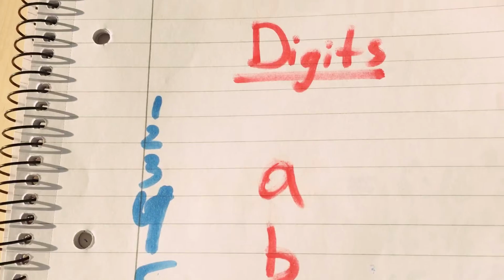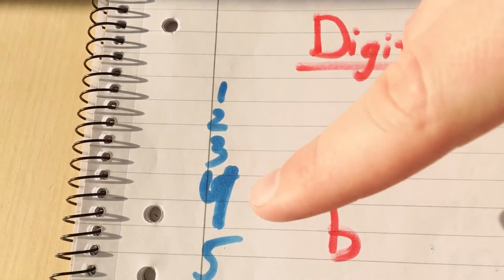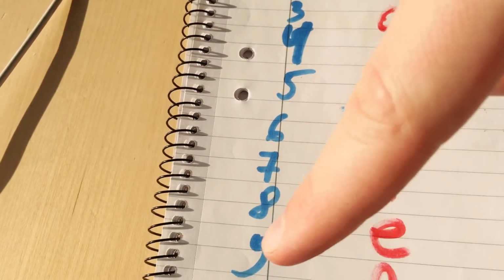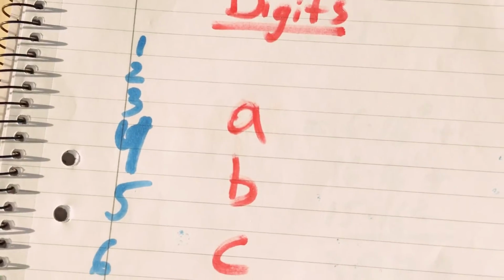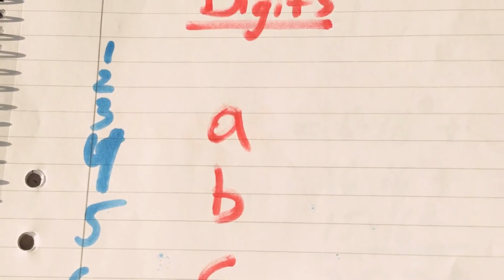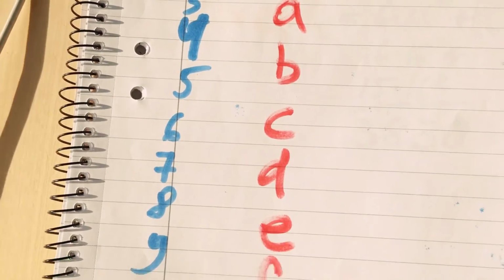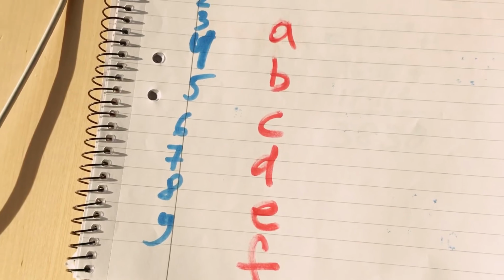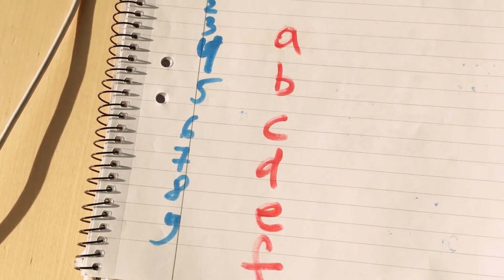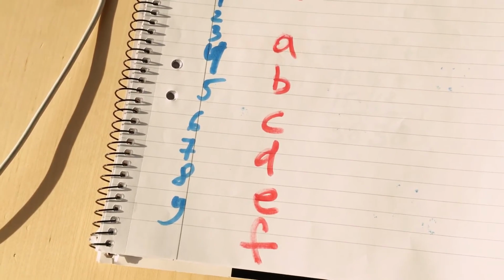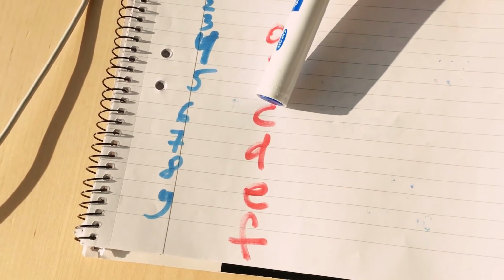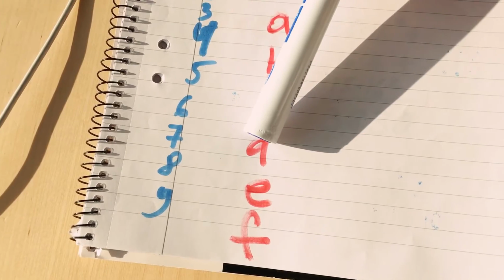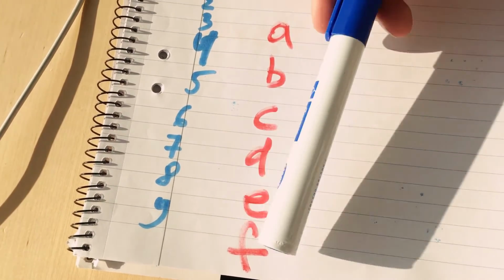And therefore we have the normal digits 1, 2, 3, 4, 5, 6, 7, 8, 9. But we also have some extra digits. And because we need a way to express them, we use letters. And so A, B, C, D, E, and F are extra digits in base 16. So A means 10, B means 11, C means 12, D means 13, E means 14, and F means 15.